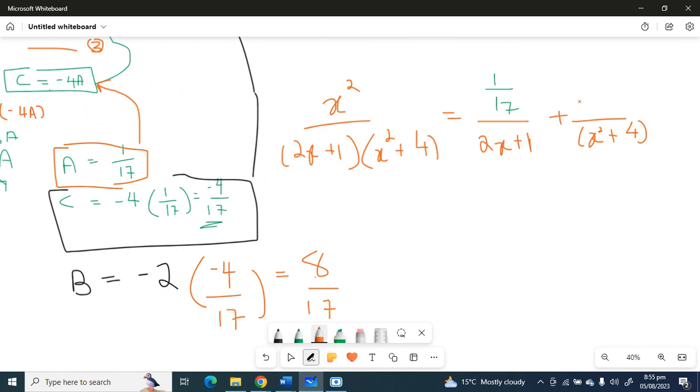Then you had bx. So b is 8 over 17, so 8x over 17. Bx plus c was what? Negative 4 over 17. So negative 4 over 17.